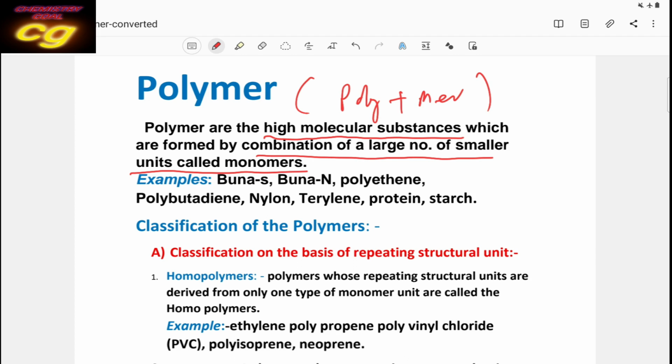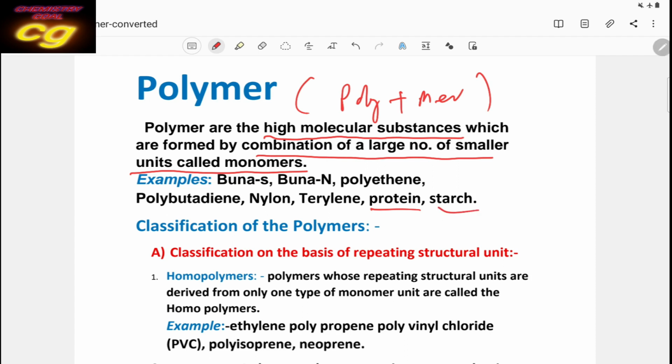What are the examples? We will discuss the detailed structure of polymers and their methods of preparation in the next video. But now we have to remember some names. Examples of polymer: protein is also a polymer because it is made of amino acids.